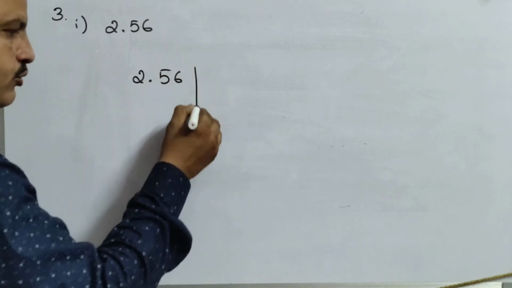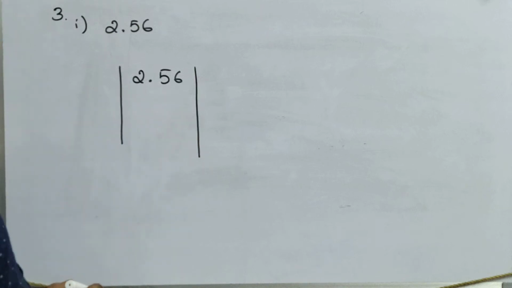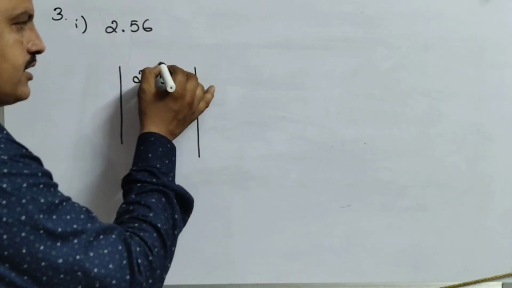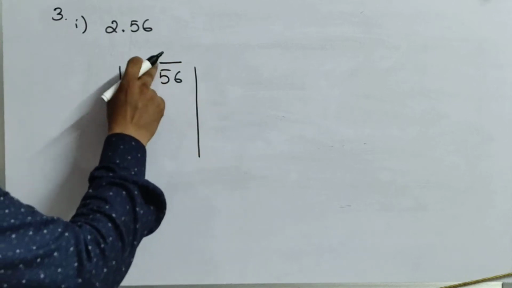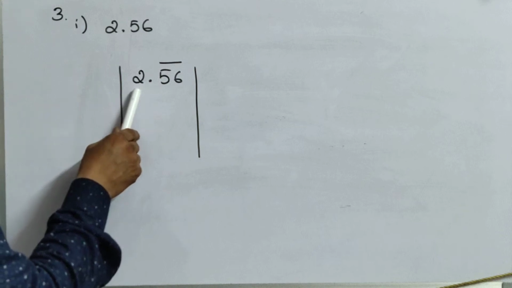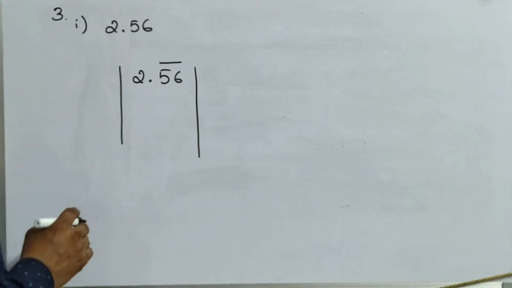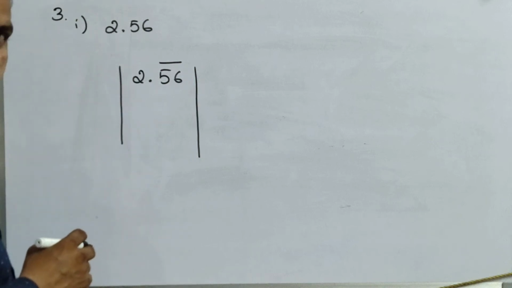Now see here, 2.56. So I am going with the division method. As we discussed, on every two digits from right to left, place a bar. Here we don't have two digits, so leave this one. Now here 2. Okay, so we have to follow the same square root tables. 1 ones are 1, 2 twos are 4.